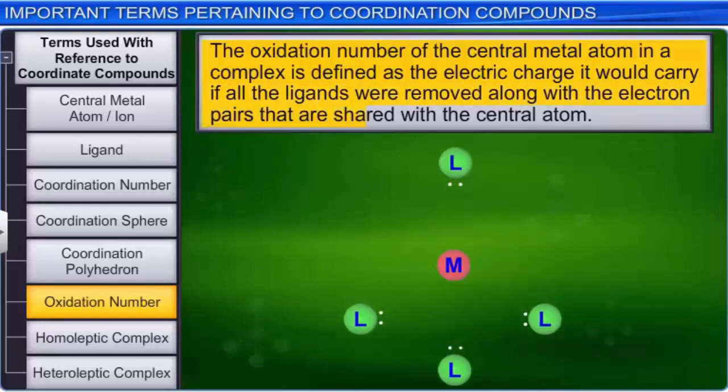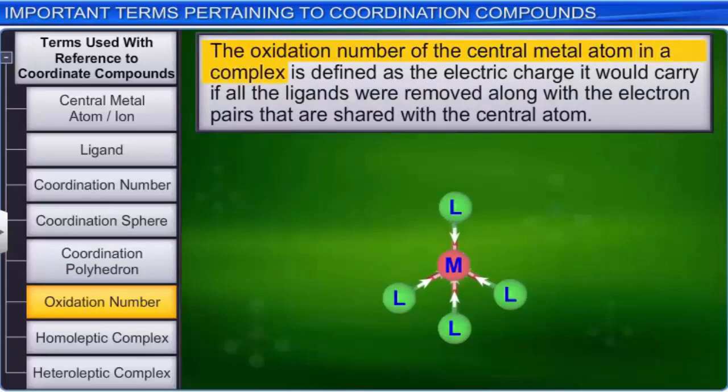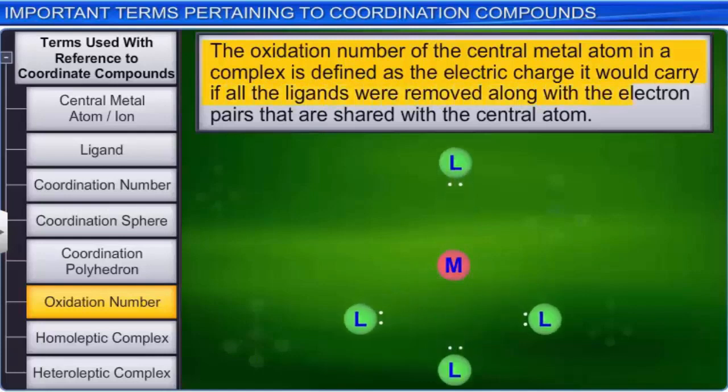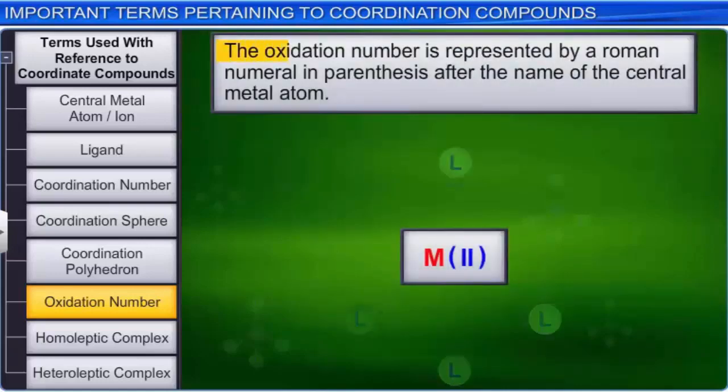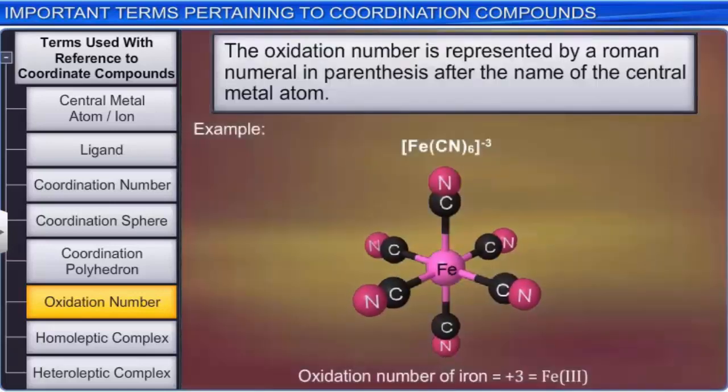The oxidation number of the central metal atom in a complex is defined as the electric charge it would carry if all the ligands were removed along with the electron pairs that are shared with the central metal atom. The oxidation number is represented by a Roman numeral in parentheses after the metal.